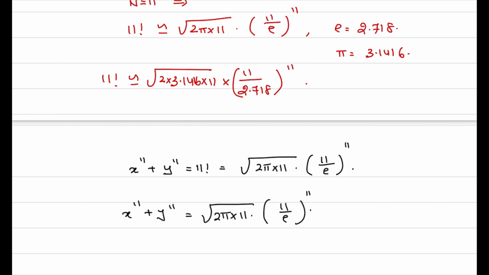Let us assume that we want positive real solutions for x and y. We want this. Positive real solutions means x is greater than 0 and y is greater than 0.